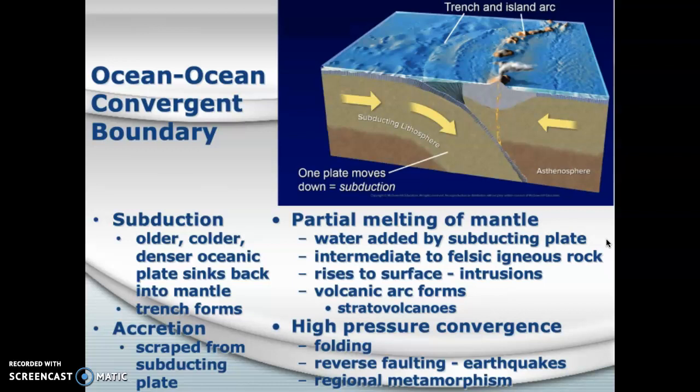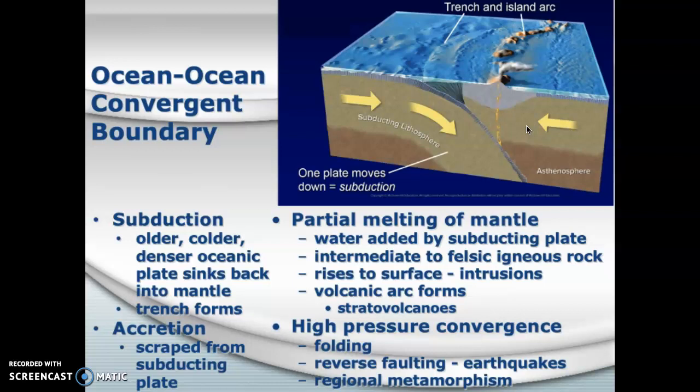When it gets into the upper mantle right in here, it triggers a chemical response. And what happens is some of the minerals in the overriding plate, with the addition of water, reach their melting point.